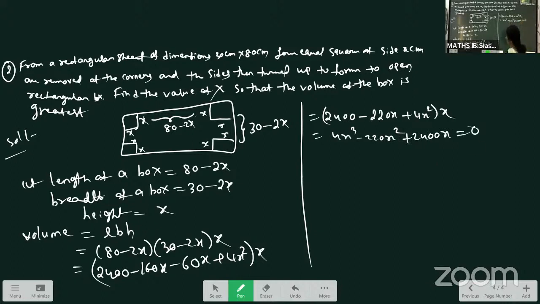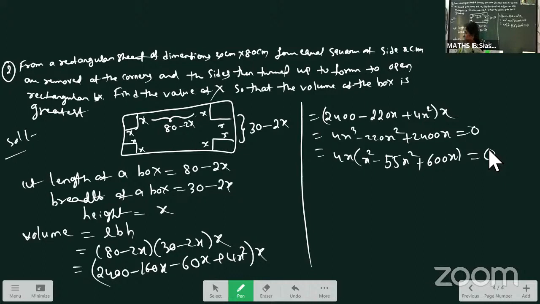It is a cubic equation we are getting. Any common factor? Take 4x common.